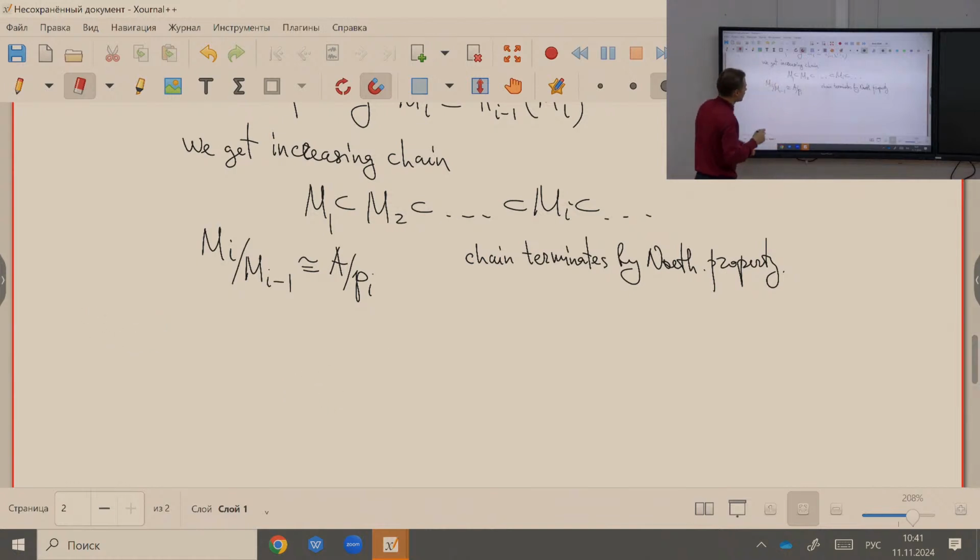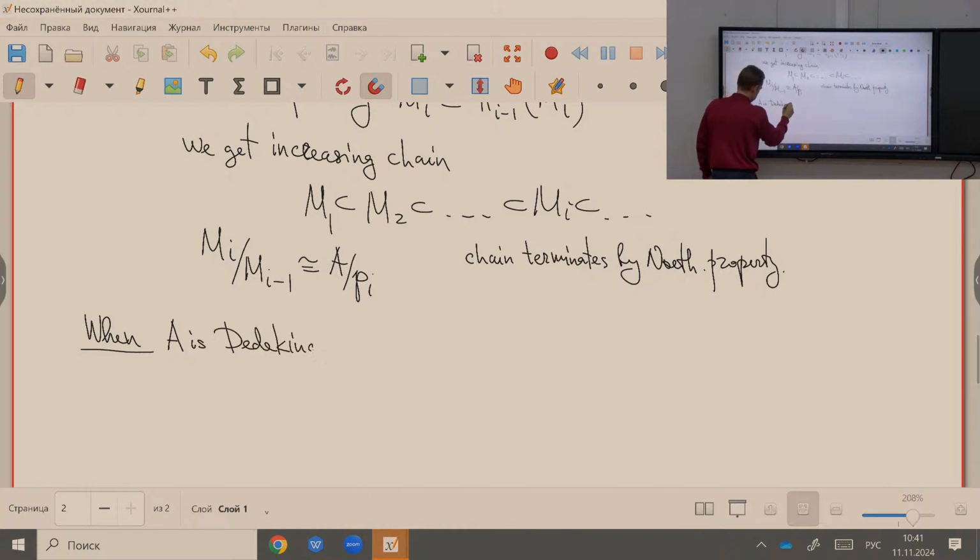Yeah, so in our case, if A is Dedekind, any prime ideal is maximal.